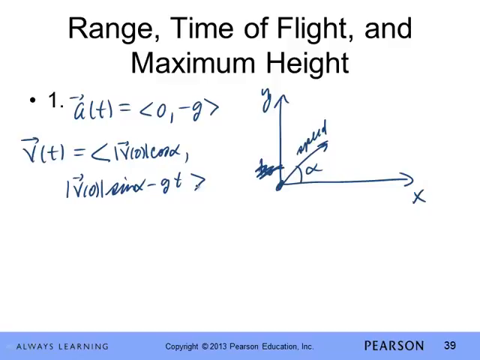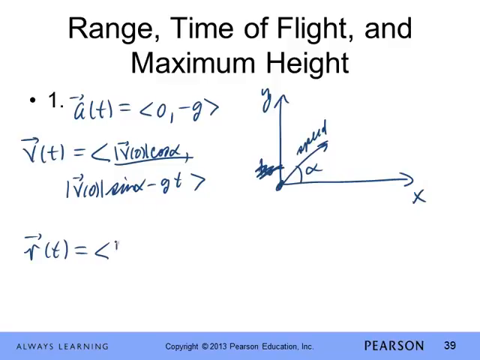And then integrate one more time to get r of t, sorry about that. Now the x component of the position is going to be just the antiderivative of the x component of the velocity. So the initial speed times cosine alpha is just a constant.